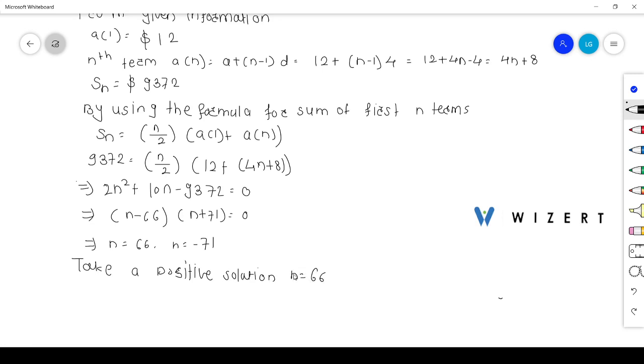Hence, the craftsperson needs 66 excess days to finish the work.